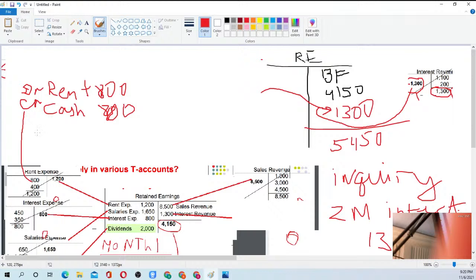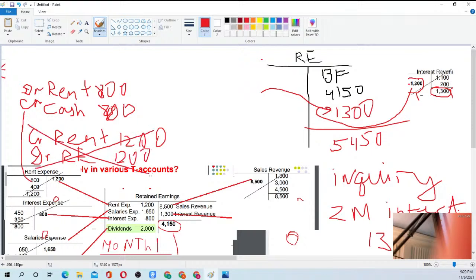We do not do credit rent, debit retained earnings, 1200. So we do not do that.